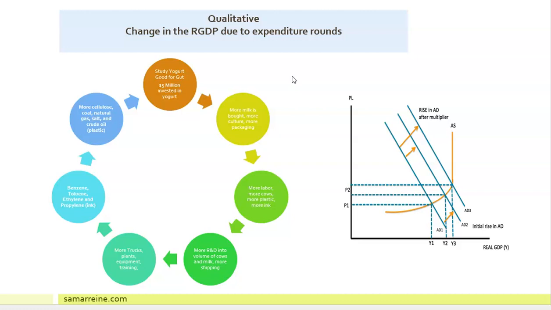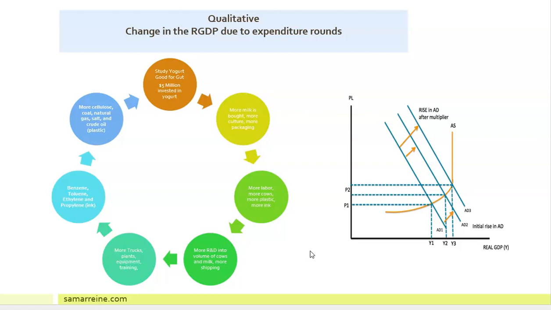So not only do we have more yogurt production, but all the inputs that made the yogurt in the first place, that's your first expenditure round. Then you also have more labor, more cows, more plastic, more ink, meaning the people who, if you want milk, you need more cows, right? So first, to make yogurt, you need more milk, but to also get more milk, you need more cows. You also need more cups. Well, you also need more plastic.